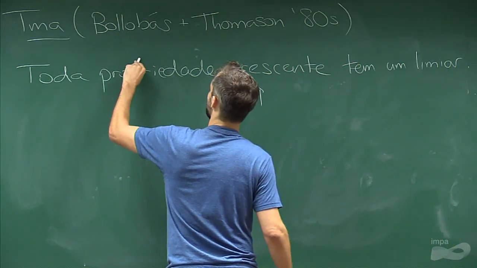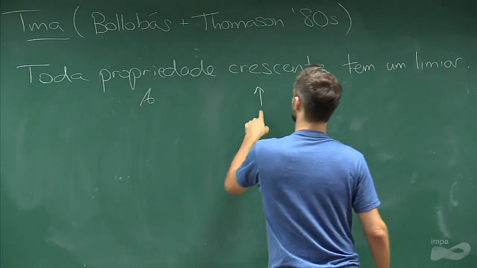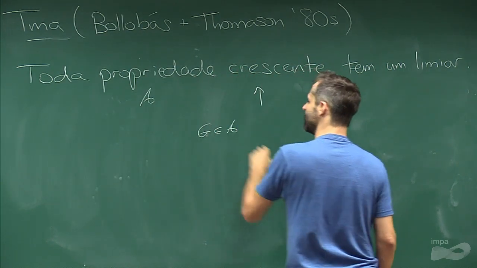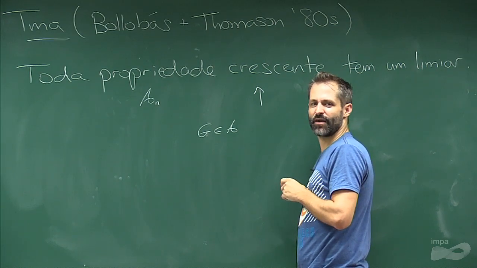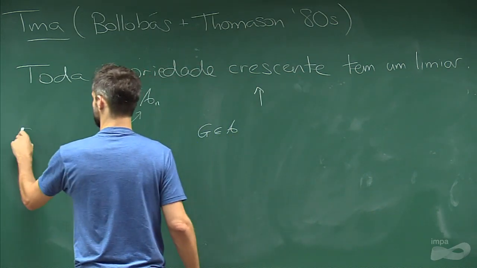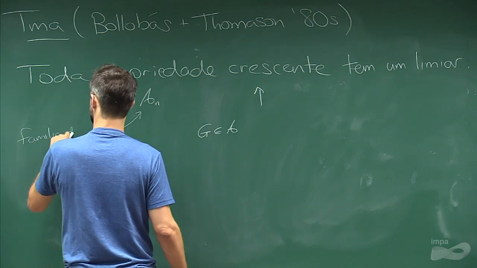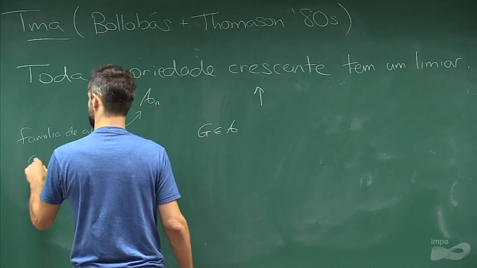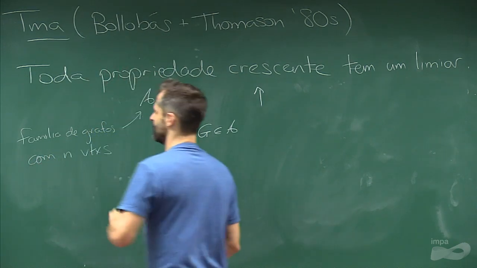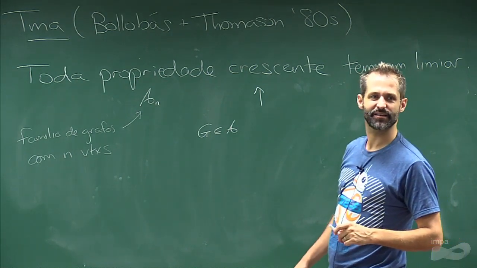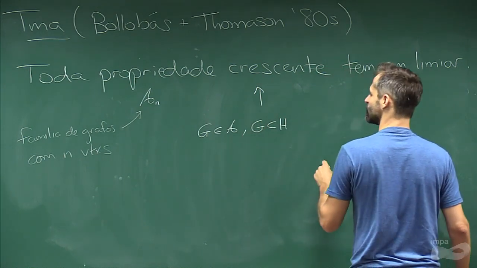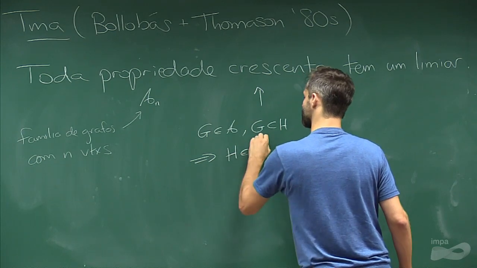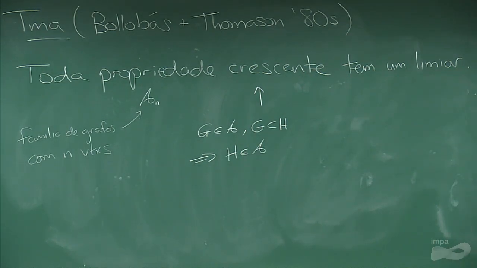The property is going to be A. This means that if G is a member of A, which you should think of as a family of graphs on n vertices, and you should think of n tending to infinity, and G is contained in H, then H is in A. So adding edges doesn't take you out of the family.